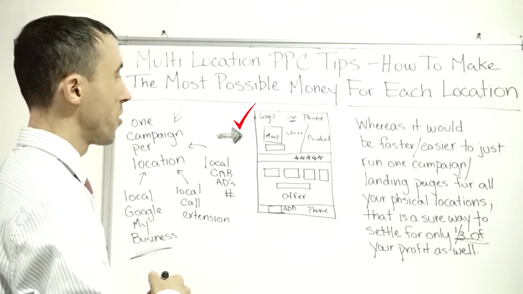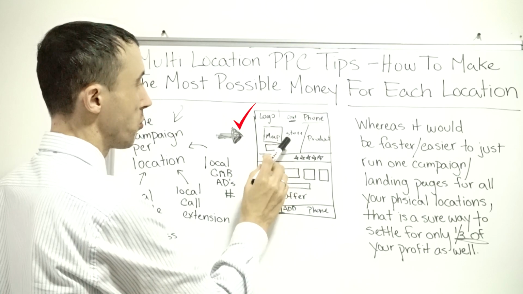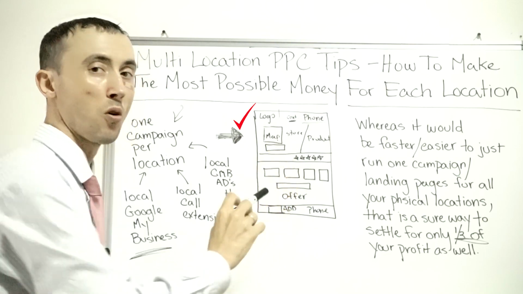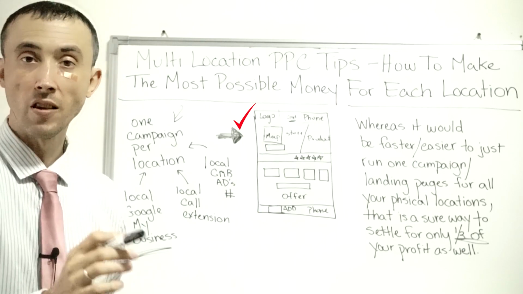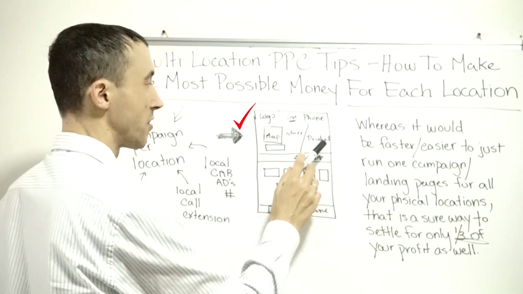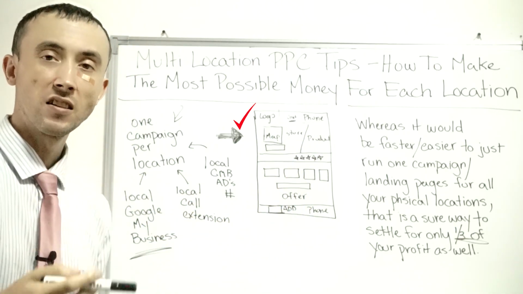And then furthermore, directly to the right of that, you're going to have a split screen image. One half of the screen is going to show the storefront to prove that it's a local business, not an online only shop. And on the right hand side, your image is going to show the products that you sell.